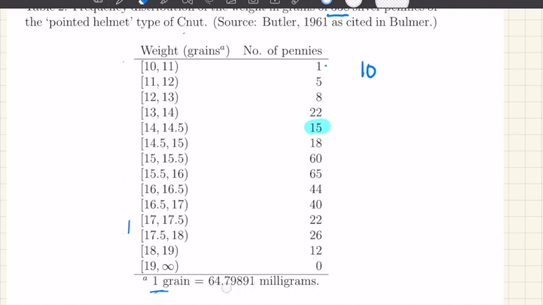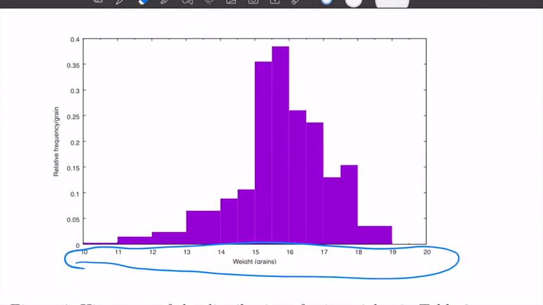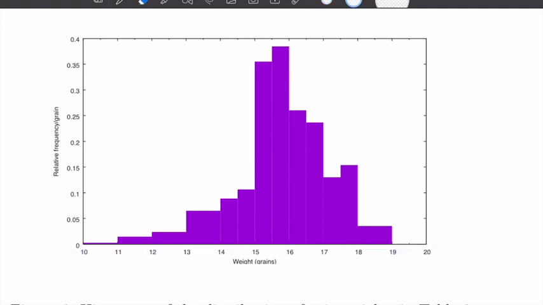So this plot should reflect those differences in the interval. Can you see? This is an interval of 1 grain, 1 grain, 1 grain, but this is an interval of half grains. Here, half, half, half, half, half, and 1.